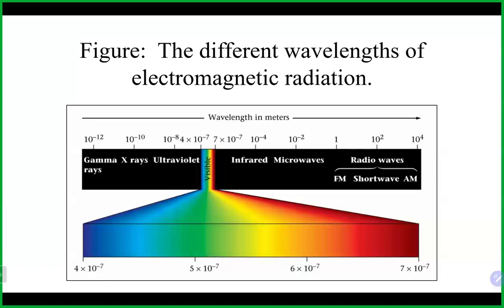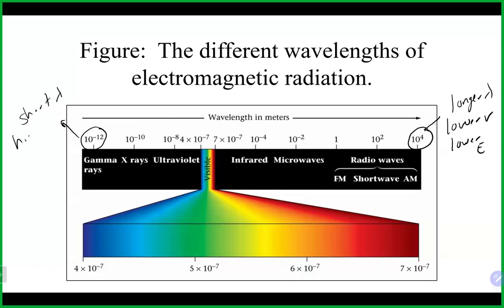So for example, when we look at just the wavelengths here, this is 10 to the fourth versus 10 to the minus 12. This side over here has a much longer wavelength, which means it should have a lower frequency and also a lower energy, as opposed to over here where we have a shorter wavelength, a higher frequency, and that usually results in higher energy.